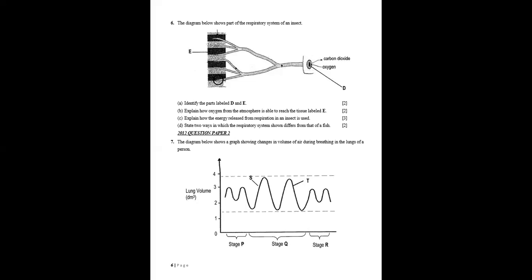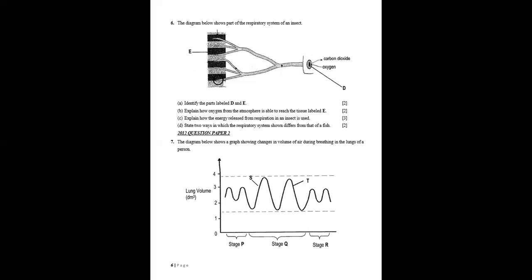The trachea branches into many tubes called tracheoles, which eventually reach the tissues. Movement of the abdomen and wings helps air to go in and out. That's how the oxygen from the atmosphere reaches the tissues.